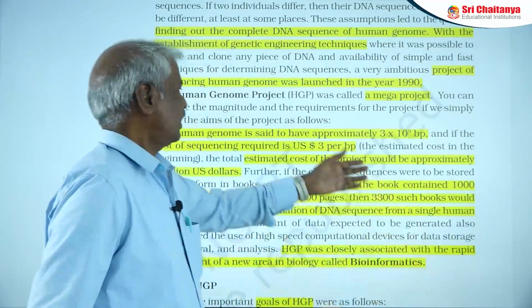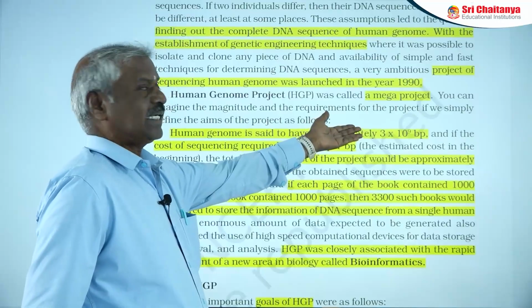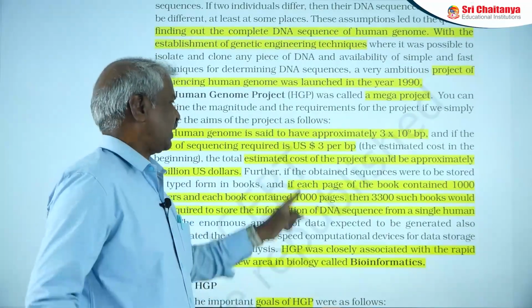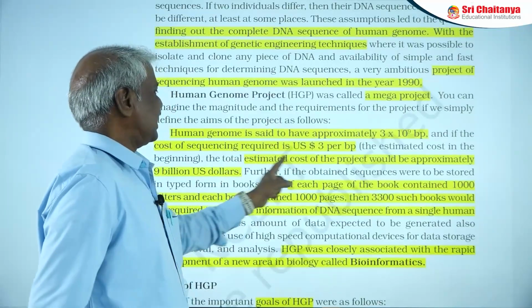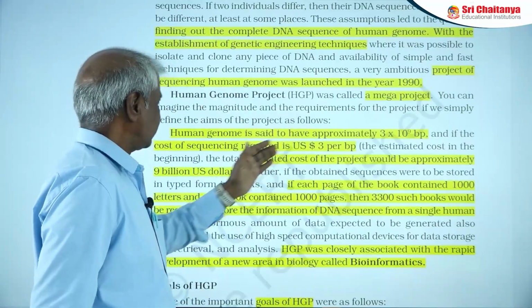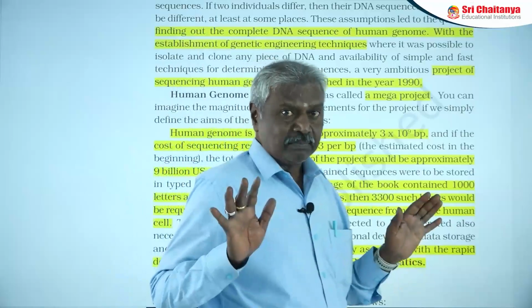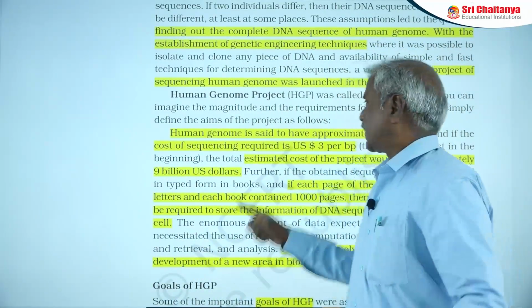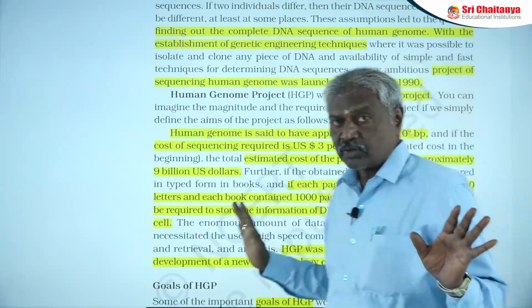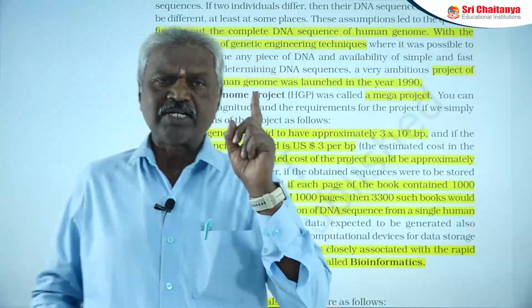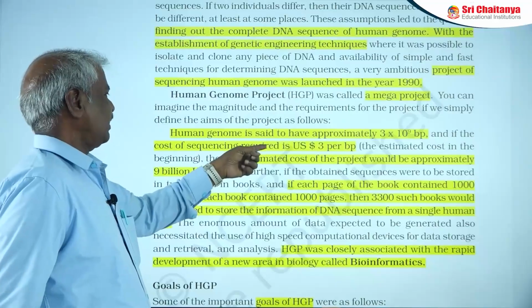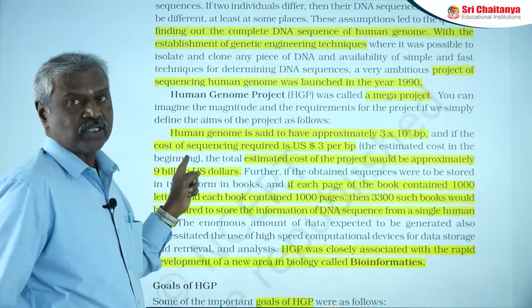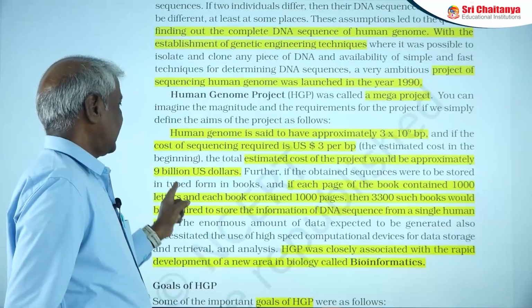The total nucleotide base pairs are 3 x 10^9, and the cost to sequence one base pair is $3. Then the estimated cost of the project would be approximately $9 billion. So 3 pieces of information you have to remember: 3 x 10^9 base pairs in the total human genome, the cost to sequence one base pair is $3, and the total cost of the project is $9 billion. That's it.